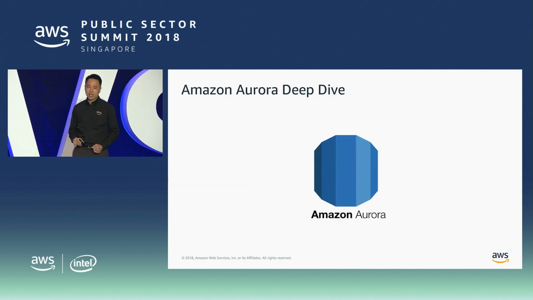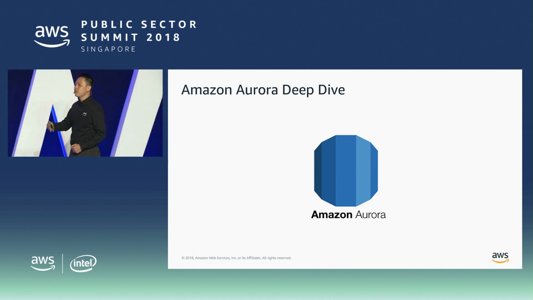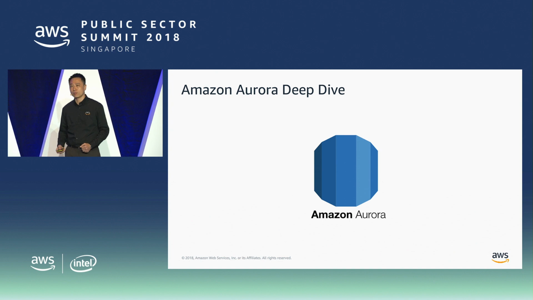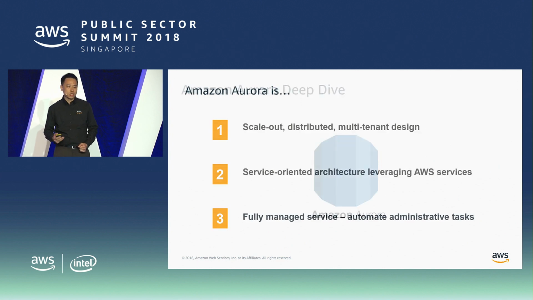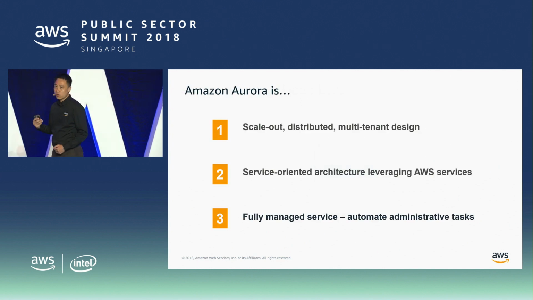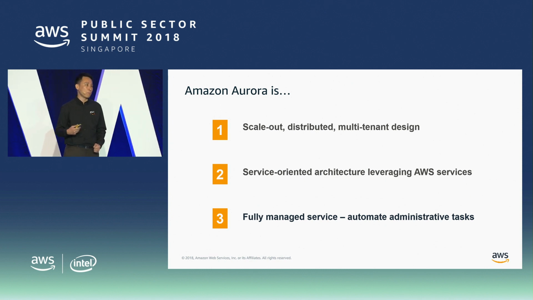Let's deep dive into Aurora. As I mentioned, in our database offering, we provide different database services for our customers. One of the cool services is what we call Amazon Aurora. So what is Aurora all about? The Aurora database is our implementation of MySQL and PostgreSQL.